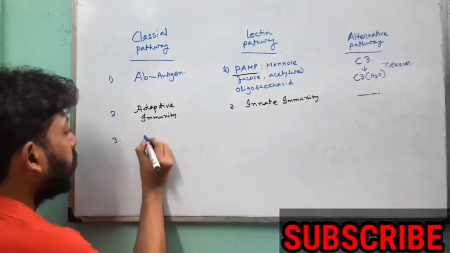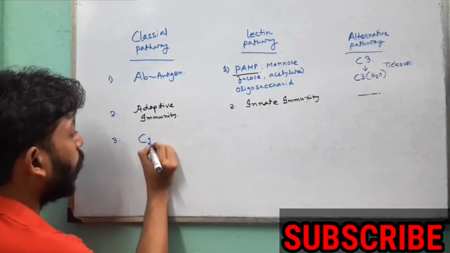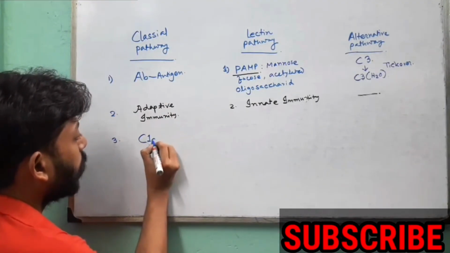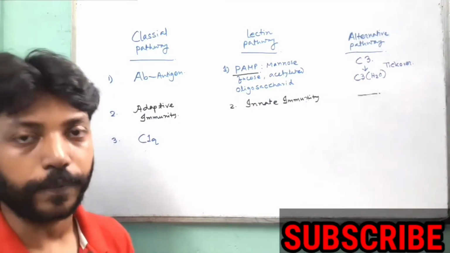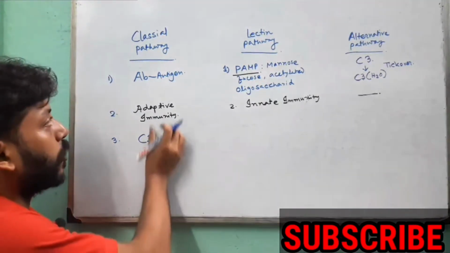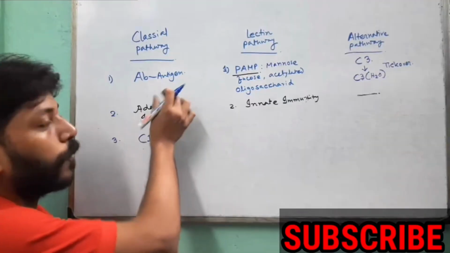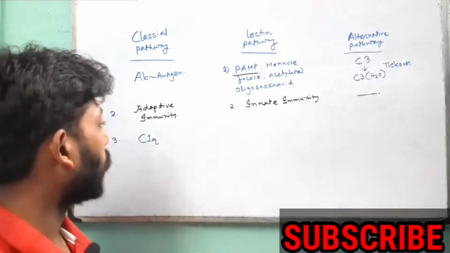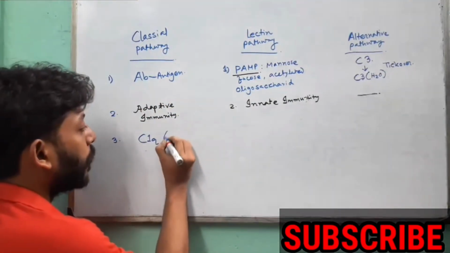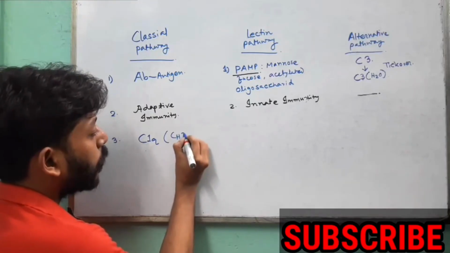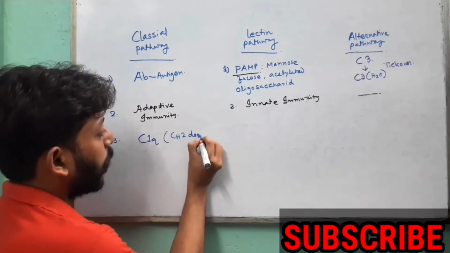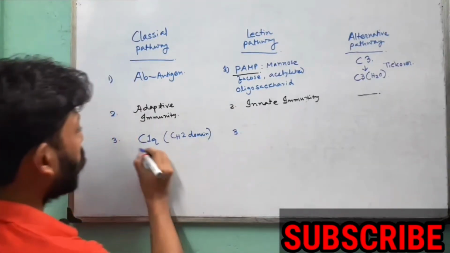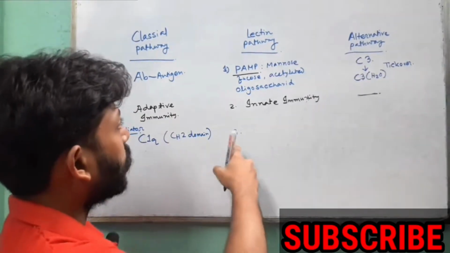In the classical complement pathway, the initiator protein is C1q. This C1q can recognize the antigen-antibody complex. Specifically, I want to mention C1q recognizes the CH2 domain of antibody.